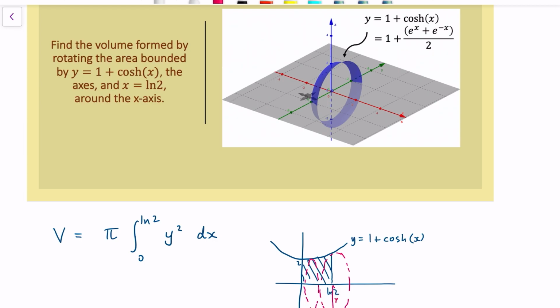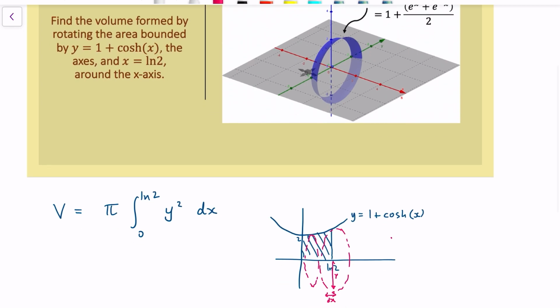of the y value. So if you think about the volume of a cylinder, it's pi r squared h. Well, in this case, the radius is the y value of the curve, and the h value is the height of each cylinder, which we're calling the thin width dx.